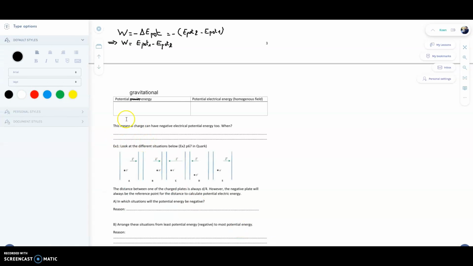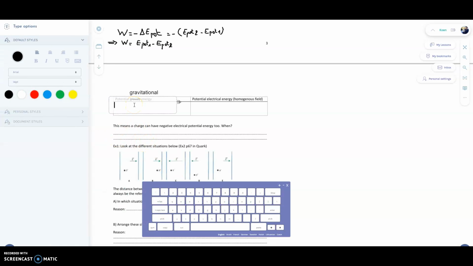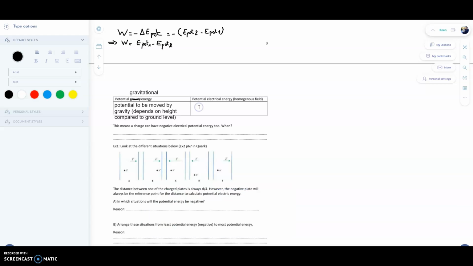What is the main difference? It is the potential to be moved by, in this case, gravity. So it depends on its height, and that height is compared to ground level in this case. What is potential electrical energy in this case?